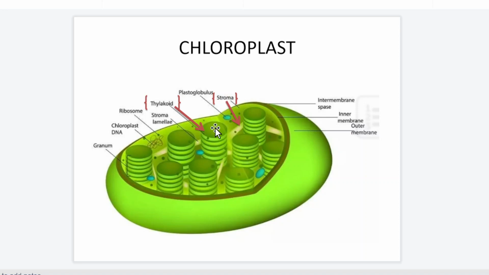These are membranous coin-like structures arranged in stacks called granum, and the remaining portion is called stroma. Thylakoids are the main structures that contain chlorophyll, which absorbs sunlight and uses its energy to convert carbon dioxide and water molecules into organic food.